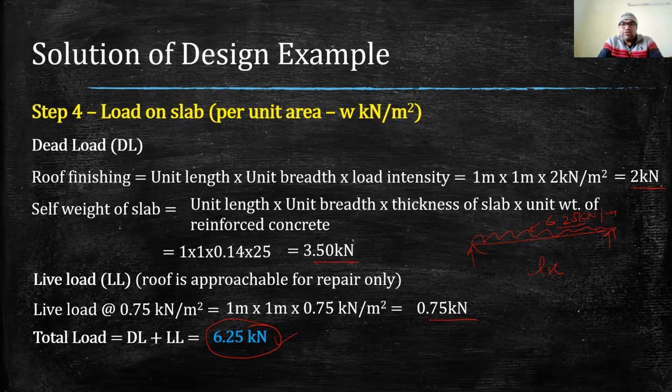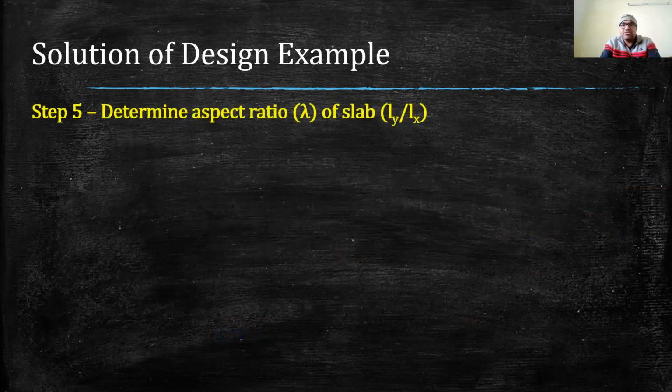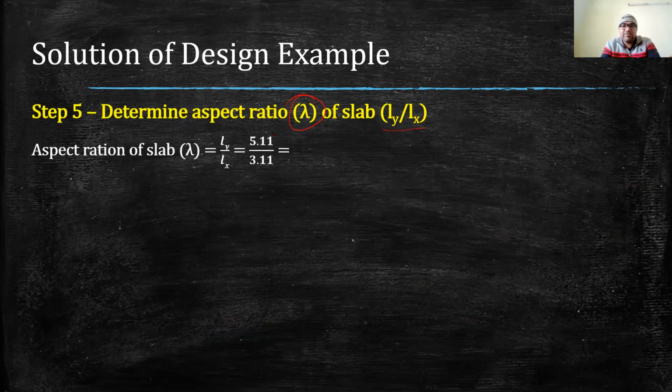So in step 4, we have now calculated the load. We will now calculate the aspect ratio of the slab, which we represent as lambda, and the ratio is Ly by Lx. We already found that aspect ratio lambda is 1.64, and you can see 1.64 is less than 2. So this aspect ratio value is also defining the slab as a two-way slab.